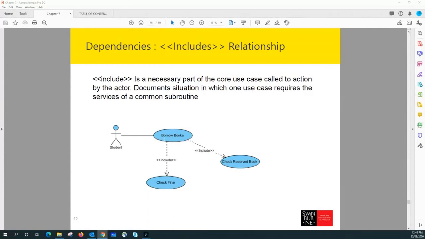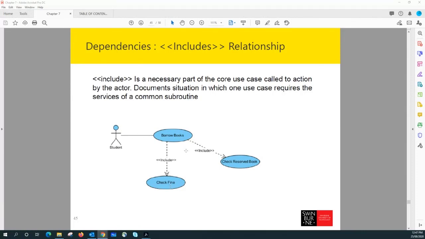So for example, here the student borrows some books, right? When the student is borrowing the books, that is the use case. Probably the student needs to check whether the book has been reserved, or whether he or she has some fines, right? So that means this use case needs to take the services from the other use cases.